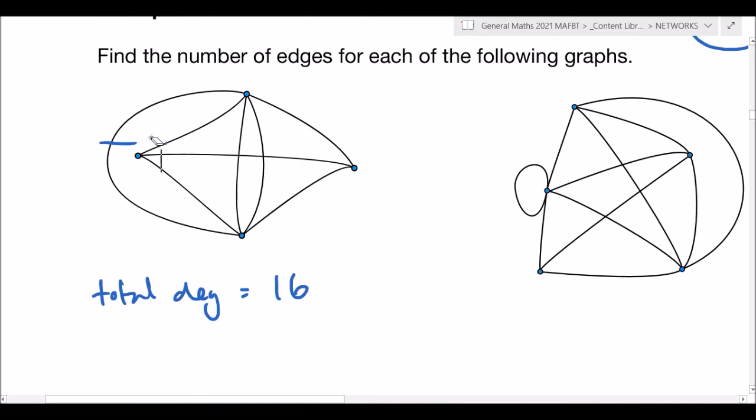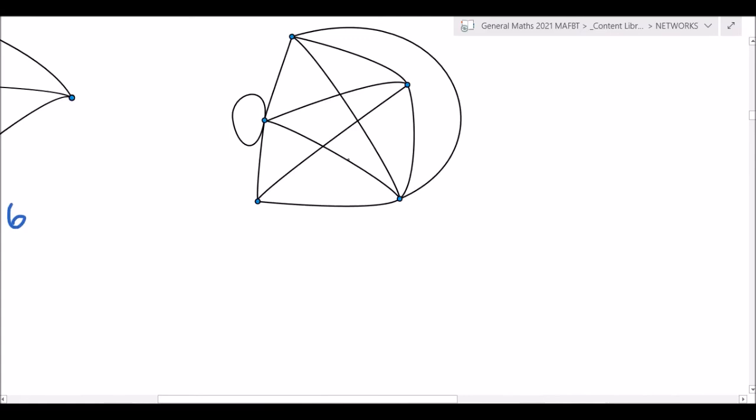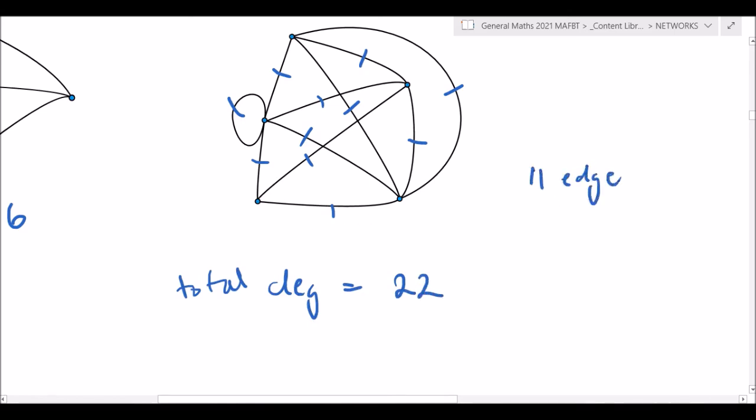For this next one, finding the total number of edges will give us the total number of degrees. You've got 1, 2, 3, 4, 5, 6, 7, 8, 9, 10, 11. There should be 11 here, so the total degree should be 22 because there are 11 edges.